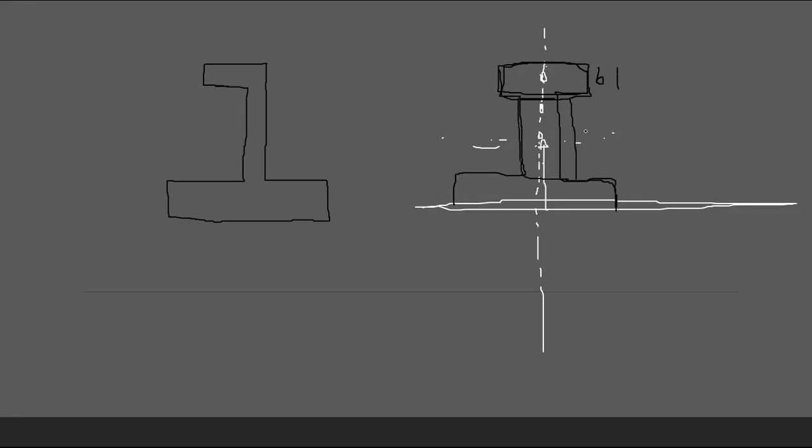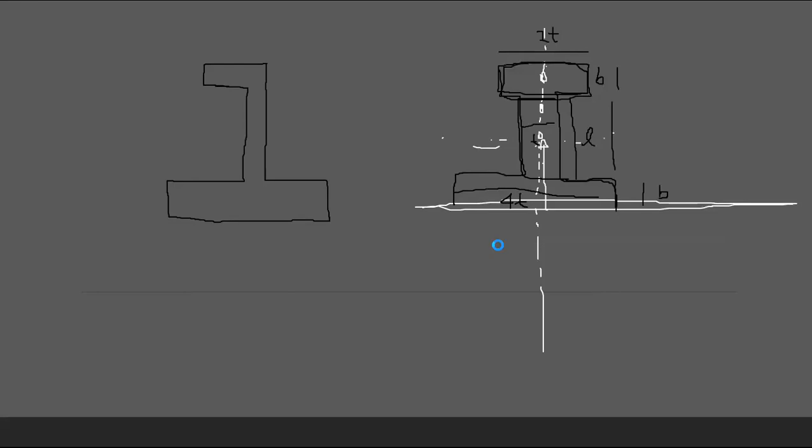Let's say this is L. This is also a rectangle. Let's say this is again B, right? And let's say this is 2T, and this is T, and this is 4T. Okay.